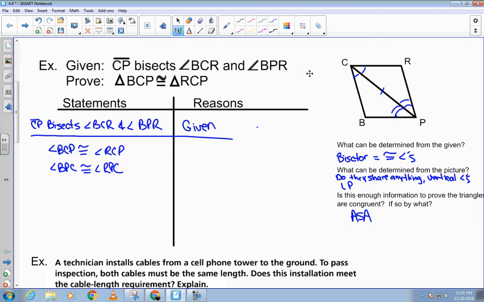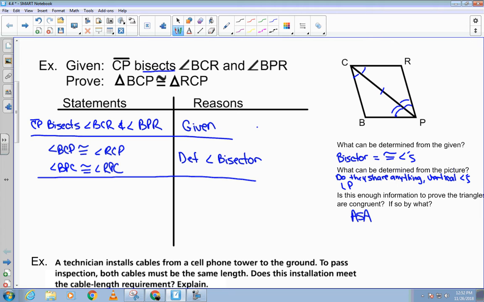What's my reason for that? Definition of angle bisector. Alright, so we have now stated a pair of angles, right? That's all we can get from the given. So then we went to the picture and we said that they shared CP.